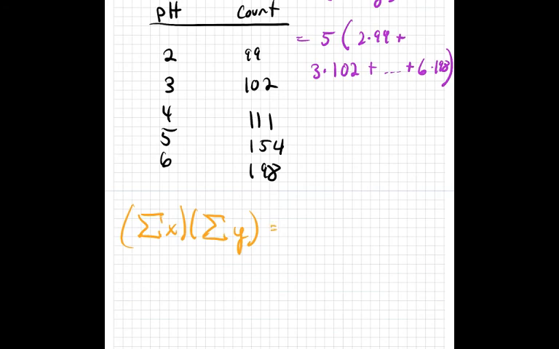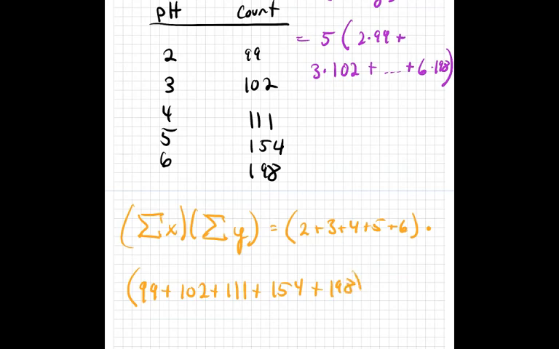This means add up all your x's, so 2 plus 3 plus 4 plus 5 plus 6, and we get that answer. Then we're going to multiply by the sum of our y's. Our y's add up to 99 plus 102 plus 111 plus 154 plus 198. We get those two answers and multiply them together.